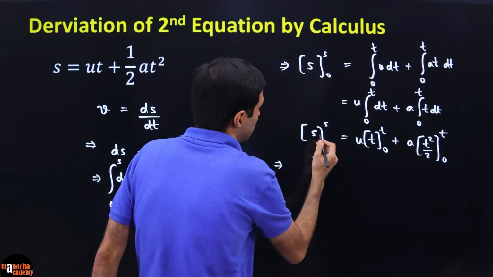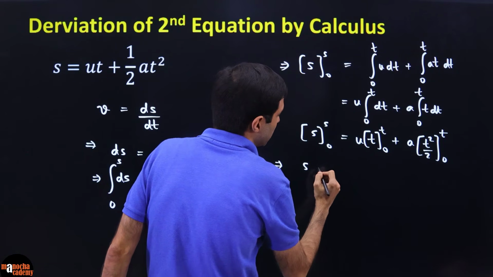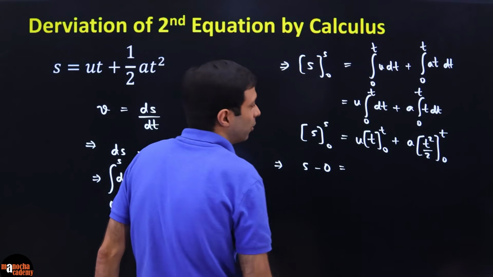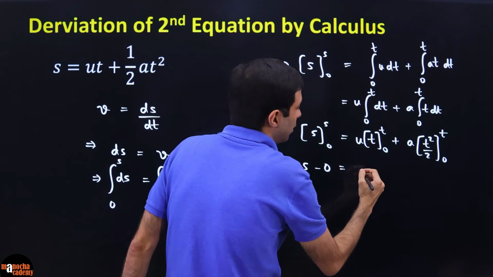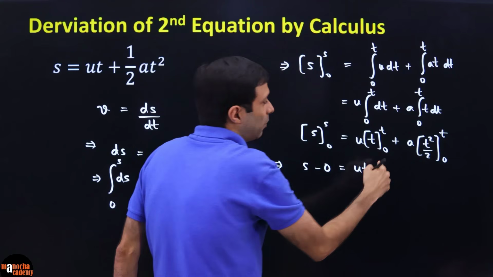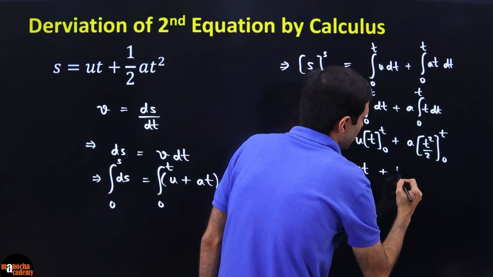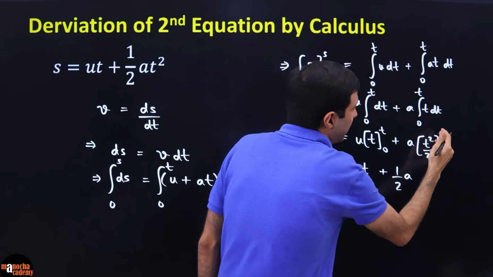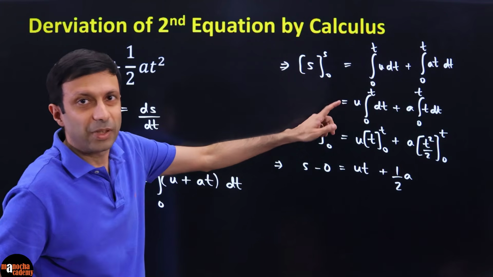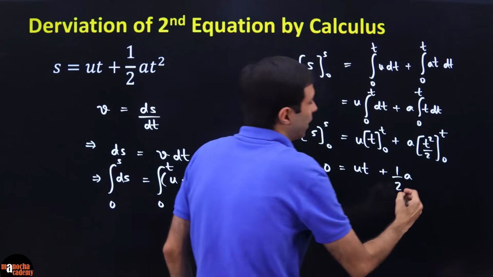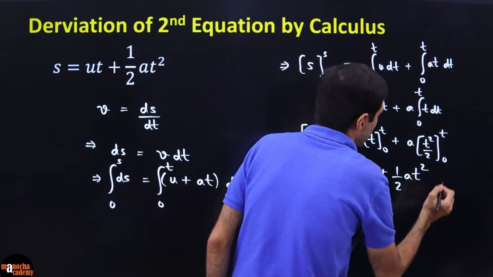So the left hand side basically becomes s minus 0, which is s. This becomes ut, t minus 0 is t, plus half a t squared. Since again it is from t to 0, we'll put t square here, and minus 0 will of course give you 0.